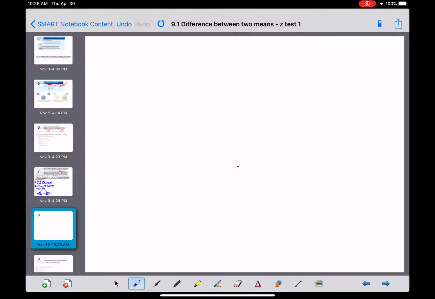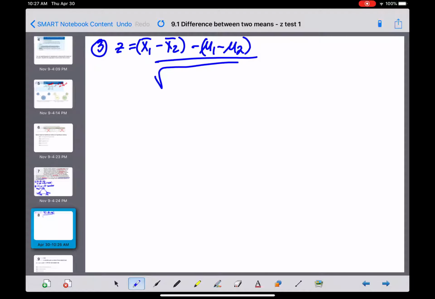For step 3, our test statistic is x1 bar minus x2 bar minus mu1 minus mu2, all over the square root of sigma 1 squared over n1 plus sigma 2 squared over n2.